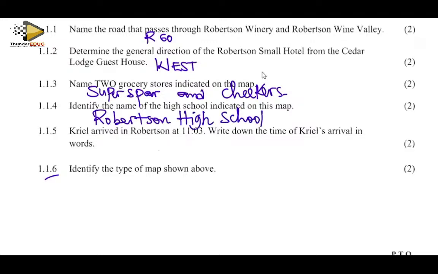1.1.5. Kelly arrived at Robertson at 11:03. Write down the time Kelly arrived in words. So simply meaning it's 3 minutes past 11.